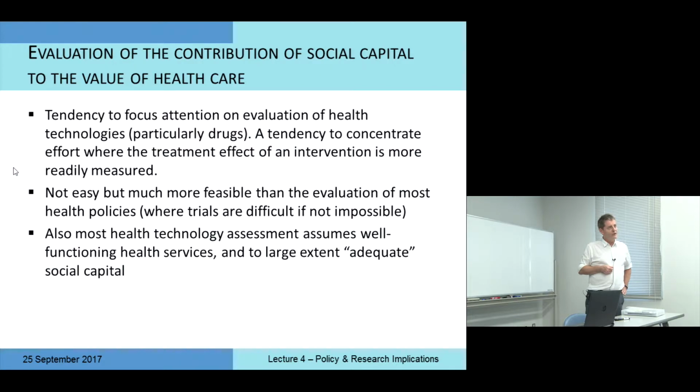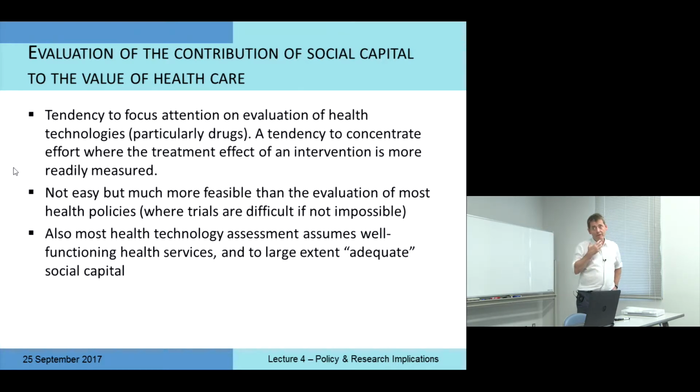They're difficult to evaluate partly because trialling the policy is not usually an option. It's pretty rare where we can randomize different people or different locations to a different health policy.